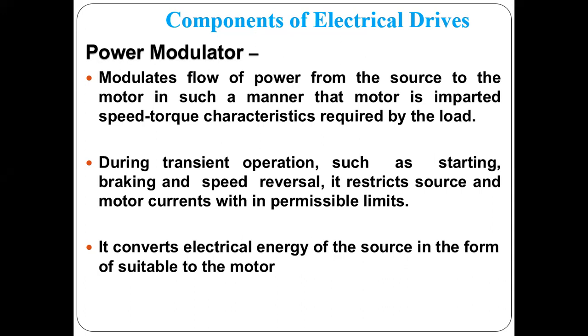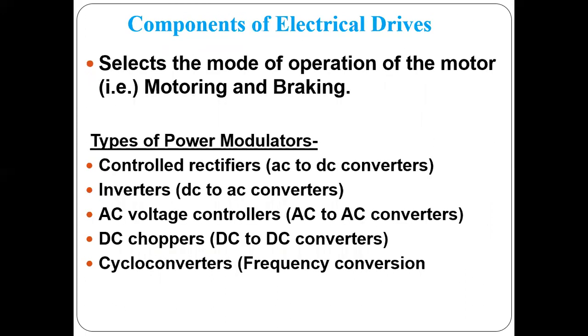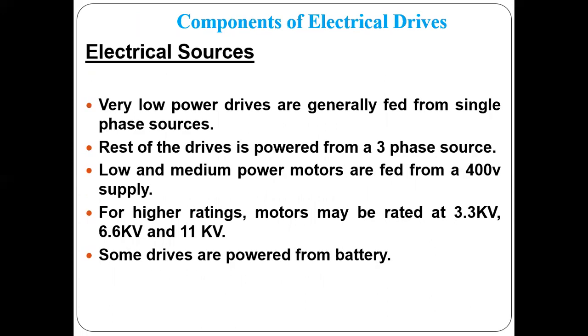It also converts the electrical energy of the source into a form suitable to the motor. There are different types of power modulators available, like controlled rectifier (AC to DC), inverter (DC to AC), voltage controller, DC chopper, and cycloconverter. These are the various types of power modulator we use.